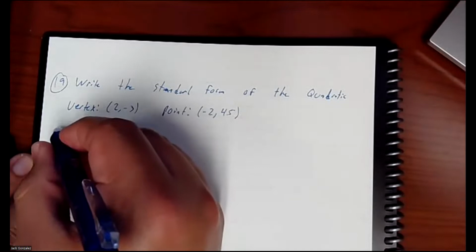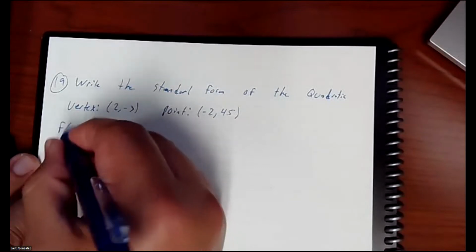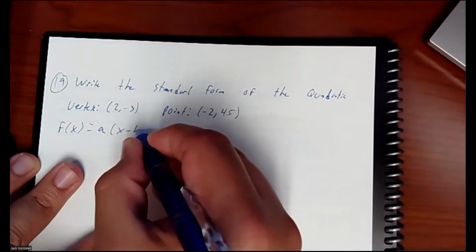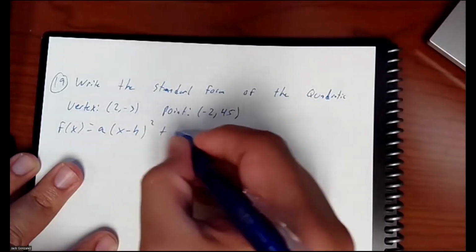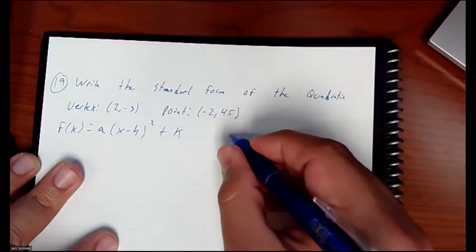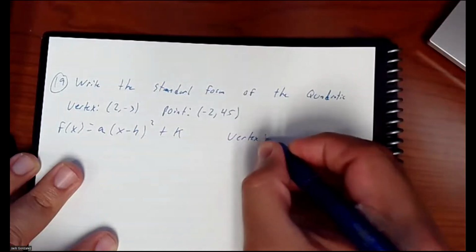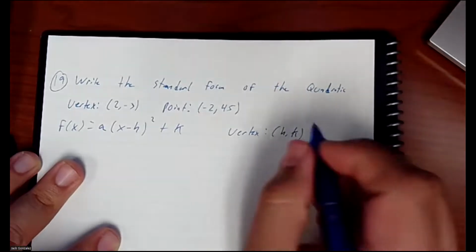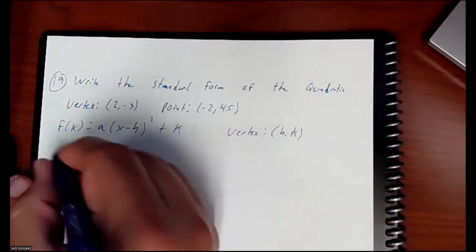So the standard form for a parabola is this right here. a times (x minus h) squared plus k, where the vertex is (h, k). So right away we can plug in this.